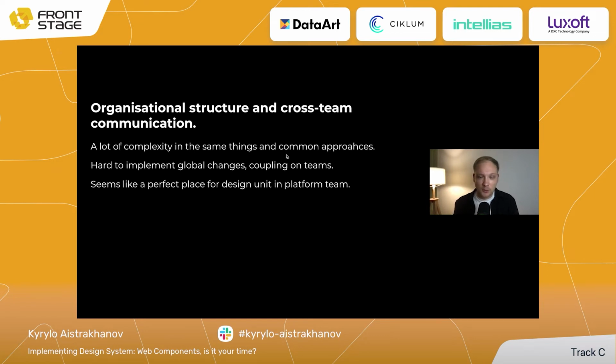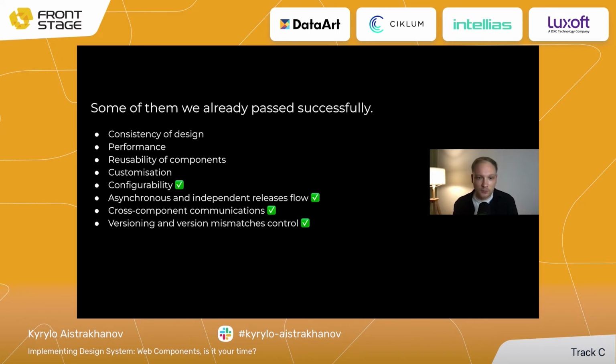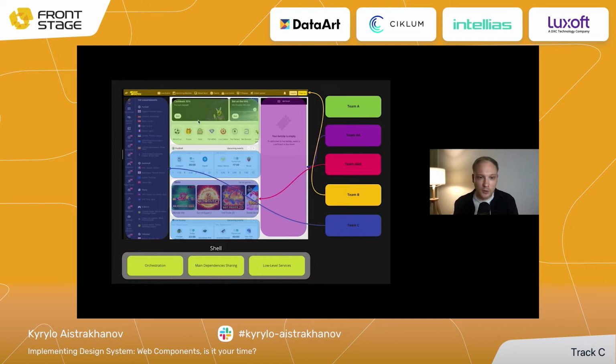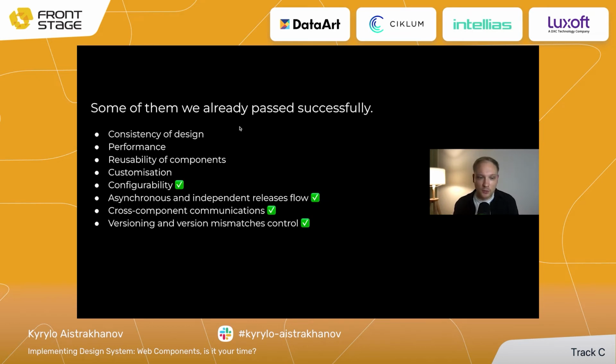It's hard to implement global changes now, because in the previous monolith implementation you could just change the CSS variables in the host application and everyone would handle it. Now you need to go to each team and provide them requirements to edit in their own repositories.